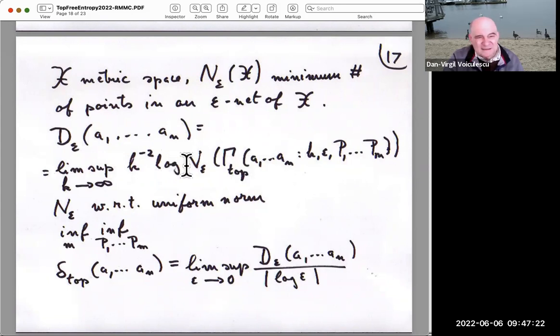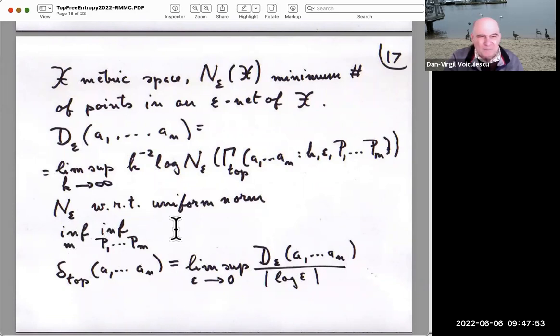And so one takes, instead of the volume which was appearing there in the definition of the topological free entropy, one puts here these things with epsilon nets. One takes again such a limit, dividing by k squared, and then one takes the infimum of these limits over all choices of parameters.